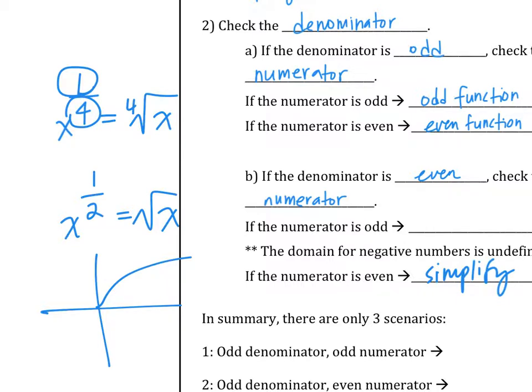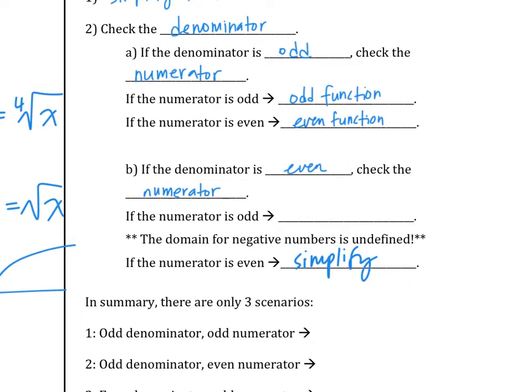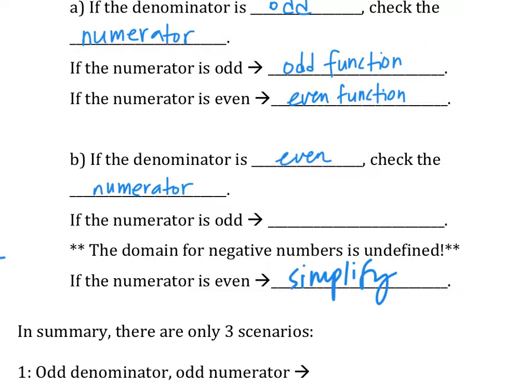Okay, so if the numerator is odd, we will only have one side, because the denominator being even means it's an even root. Even root cannot have negative numbers inside. All right, so this is only positive x values. So it's neither even nor odd because it only has one side. The graph only shows up on one side.